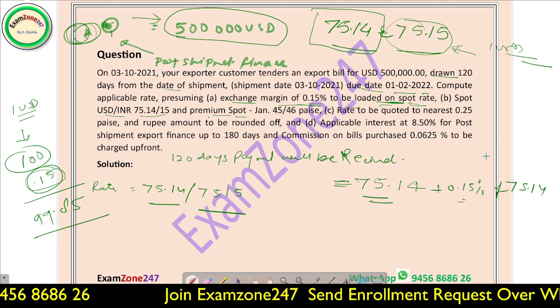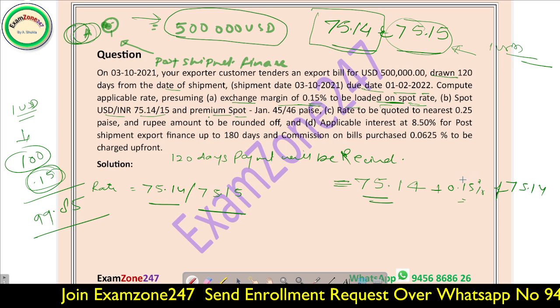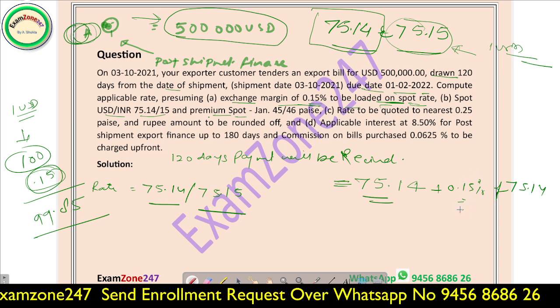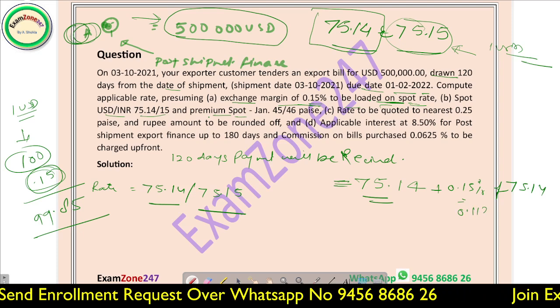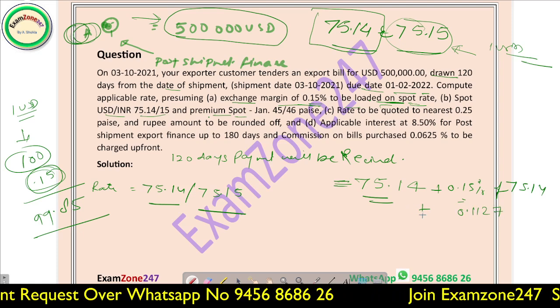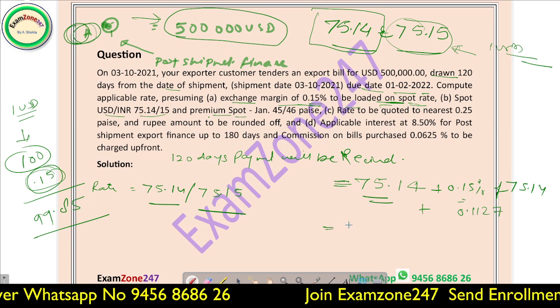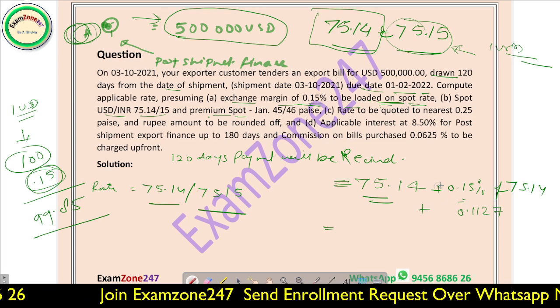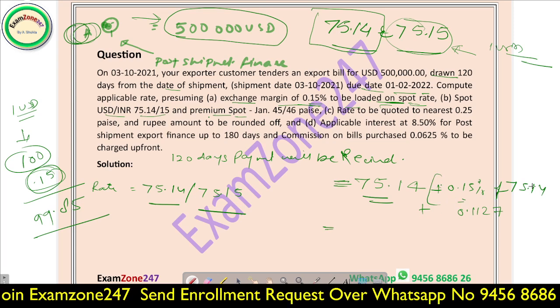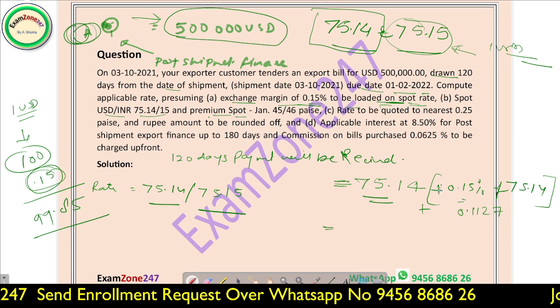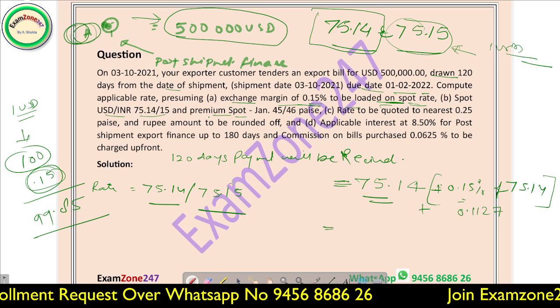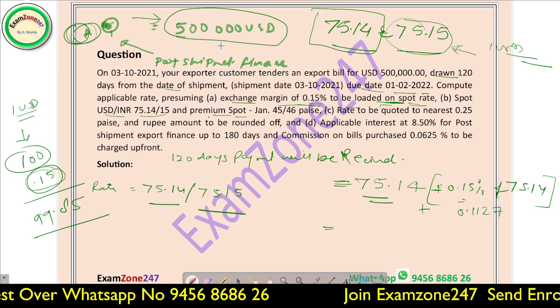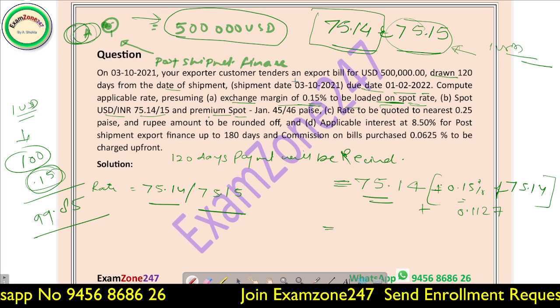If you calculate, 0.15% of this will be 0.1127, and if you add it, see, now here addition should not be there, keep in mind, because this is a transaction where the bank will pay the money.